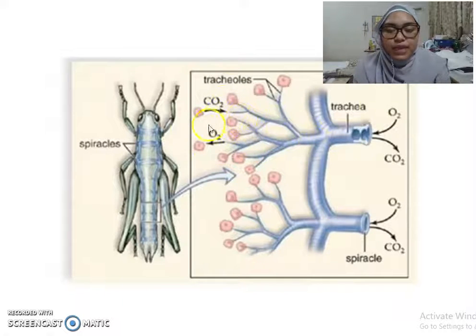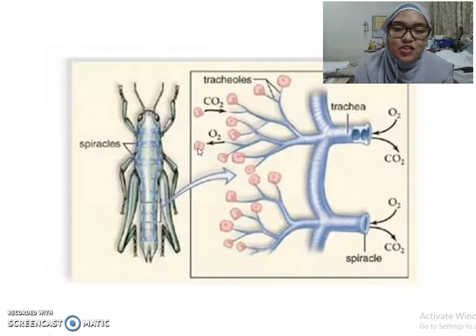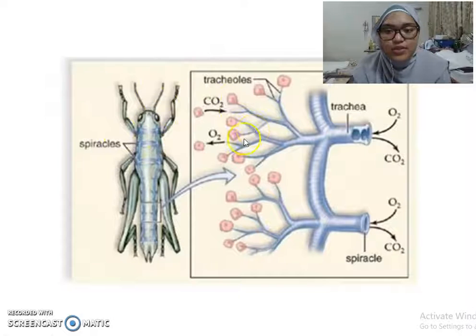So the oxygen that has entered from the spiracle will then travel through the trachea and through the tracheoles, and diffuse through simple diffusion into the muscle cells or any cells in the insect body. The carbon dioxide will then diffuse into the tracheoles.